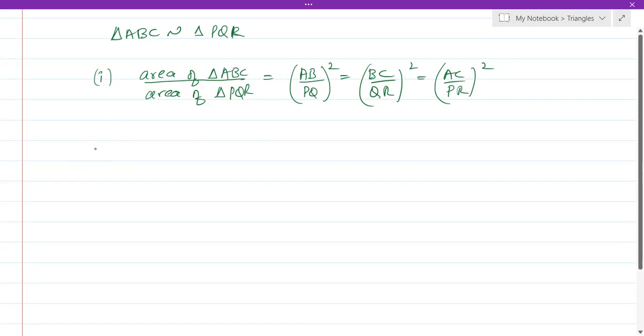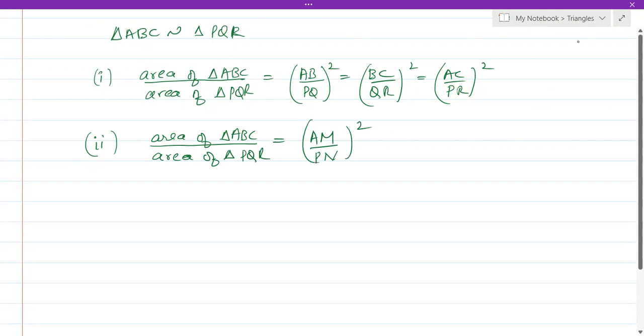But we can also prove two more results, that is, area of triangle ABC by area of triangle PQR is also equal to the ratio of altitudes, that is, AM by PN the whole square. Let me show that.